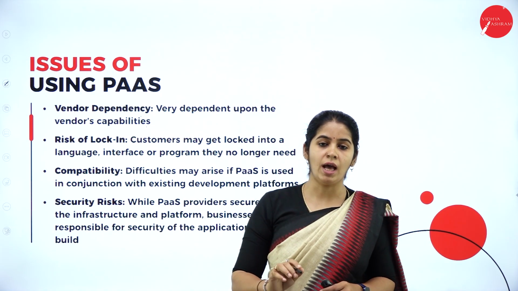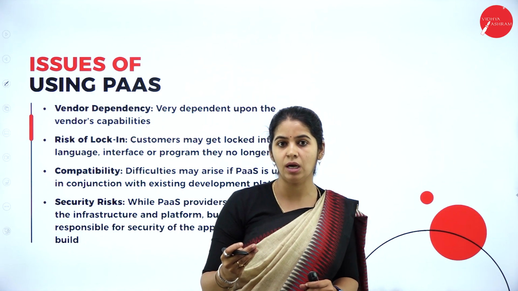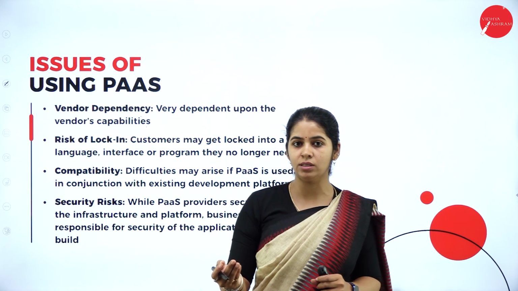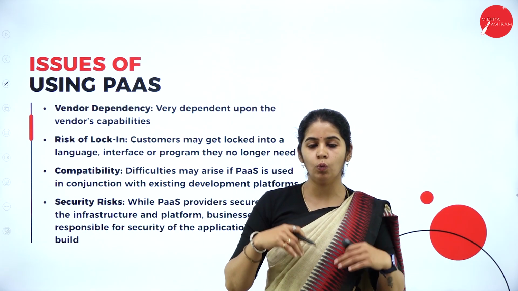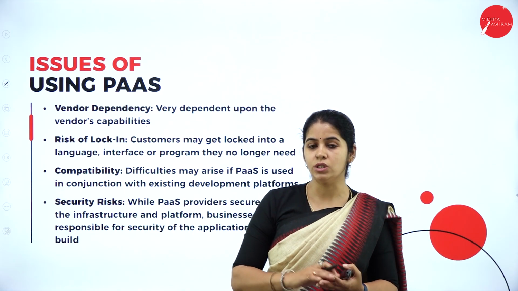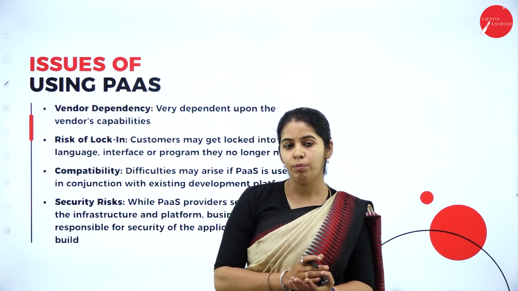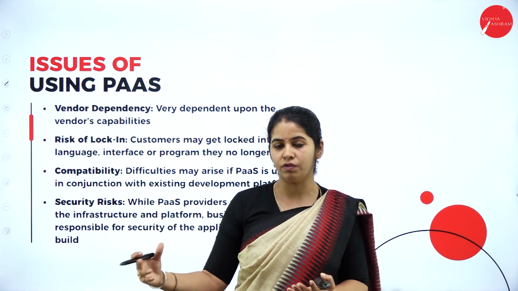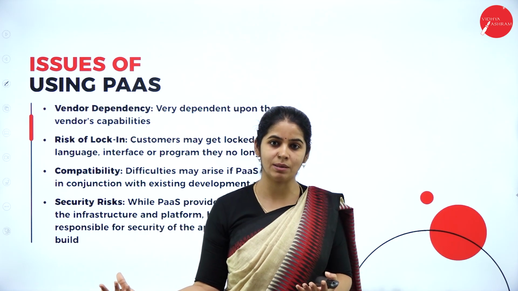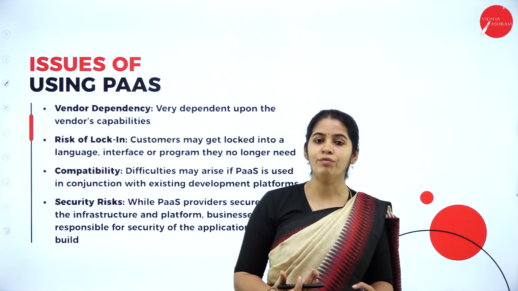If you are using Amazon, it will give you the Linux operating system, and you are used to working on that particular platform. So if you want to switch from AWS to Microsoft, there you have a Windows operating system. Linux and Windows have slightly different working models, so you may feel difficulties.